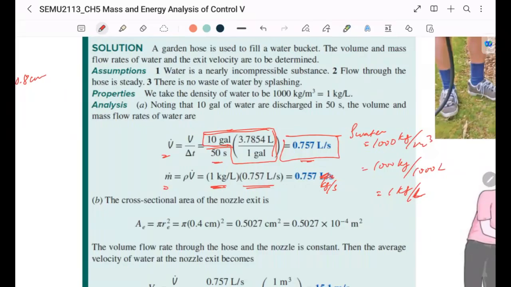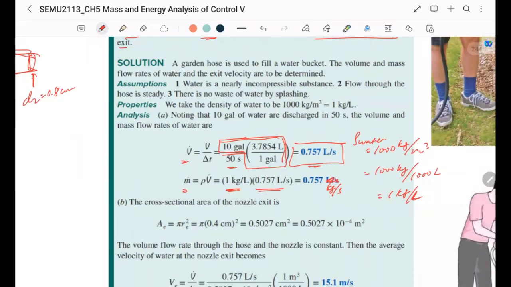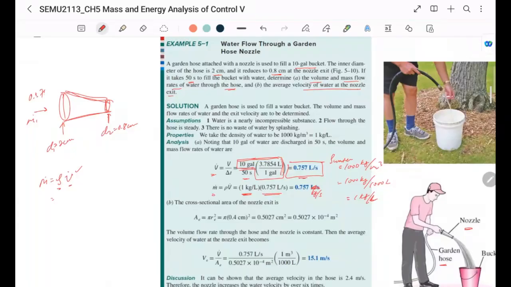So you get 0.757 kilogram per second. So that's the mass flow rate and the volume flow rate, which is what the question wants us to find out, through the hose.